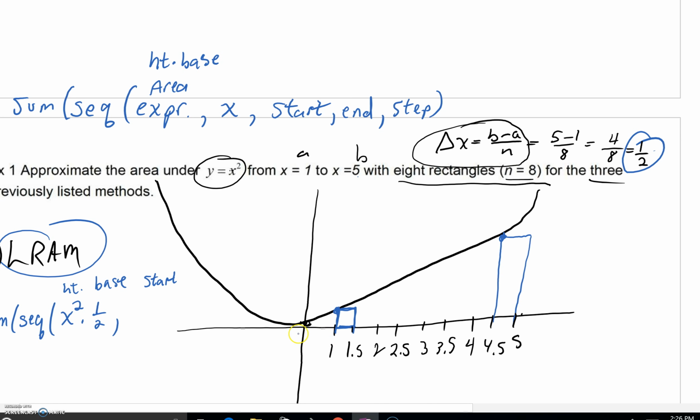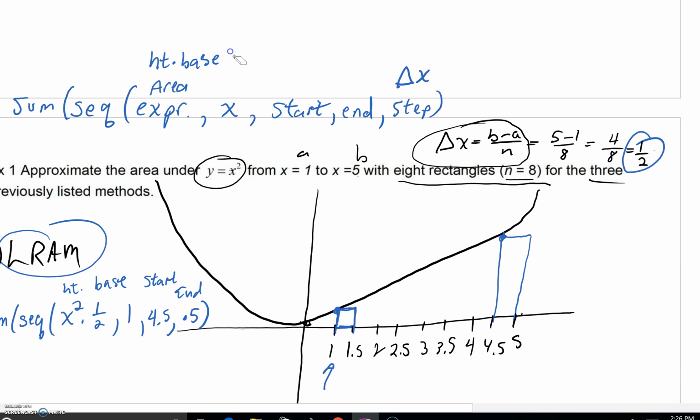X equaled 1. That's right here. What's my last x value for a height? 4.5. And guess what your step is? 0.5. Your step is always delta x.